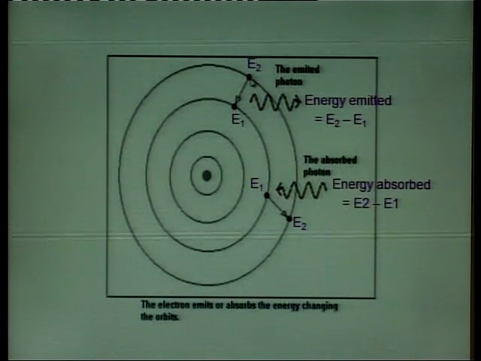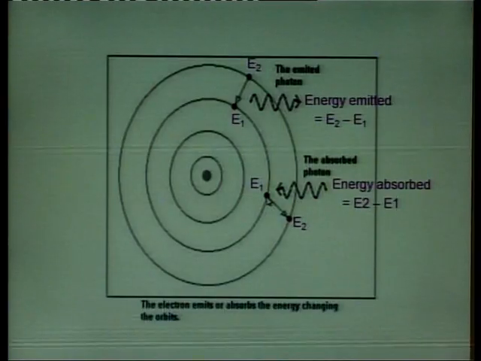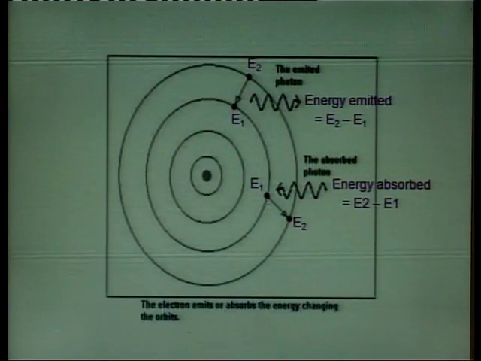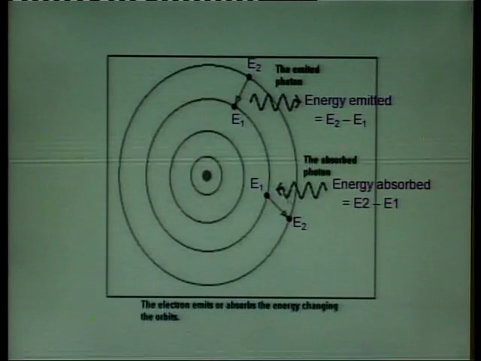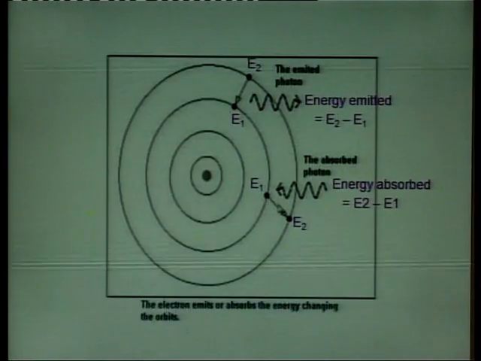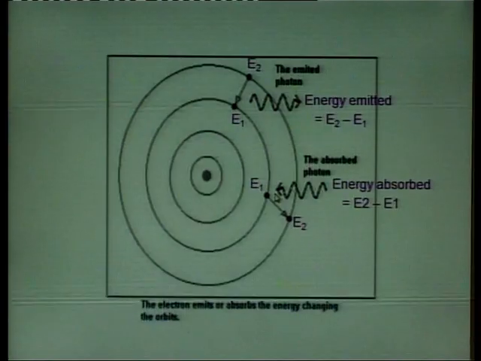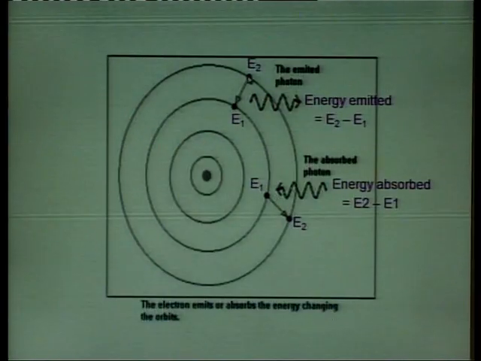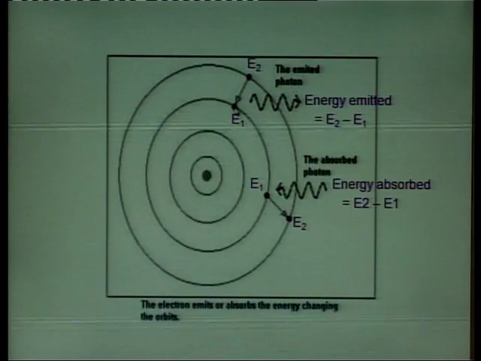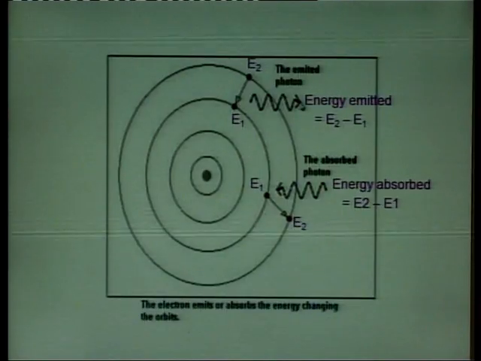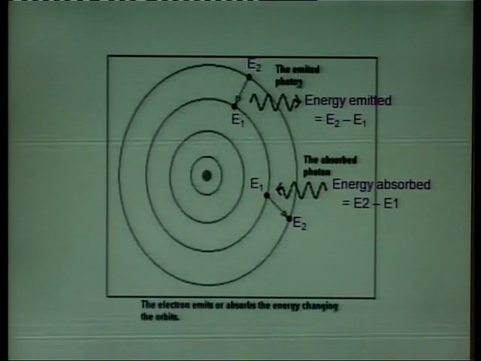This postulate says that when an electron has to go from a lower orbit to a higher orbit, this is E1, this is E2, then it has to absorb energy. See, the absorbed photon, energy is absorbed. And when an electron moves from a higher orbit to a lower orbit, it emits energy.